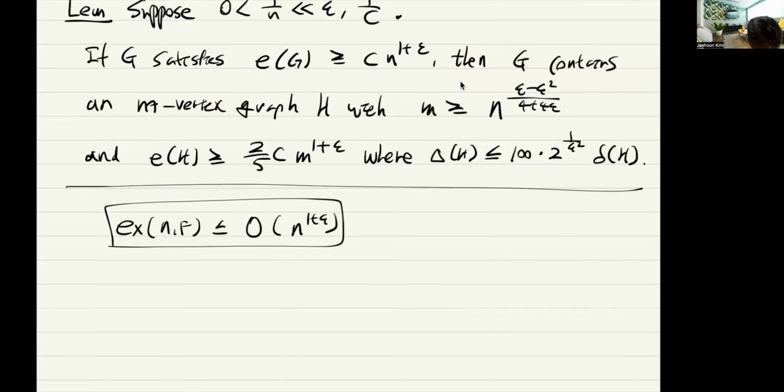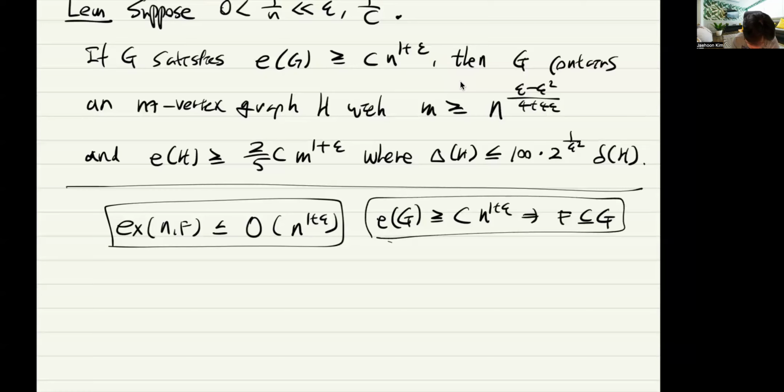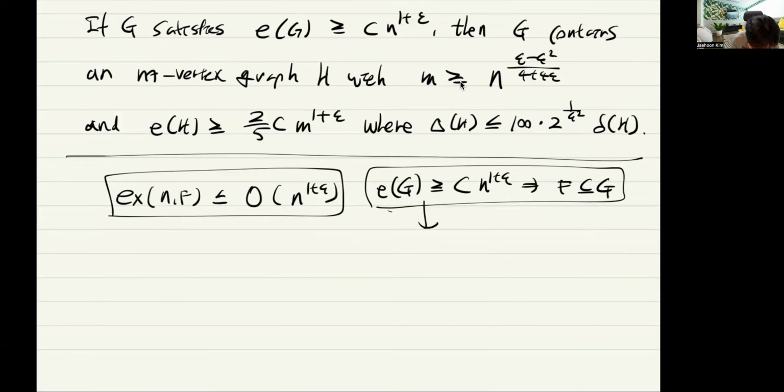We have to take G with some constant times n to the 1 plus epsilon edges and show that it contains F. But for this G, we don't know much. So what we can do is find H, which is a subgraph of G, and it also satisfies this condition, where m is the number of vertices in H.